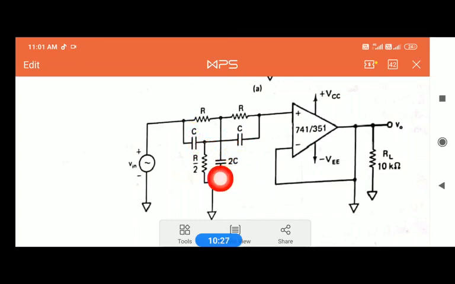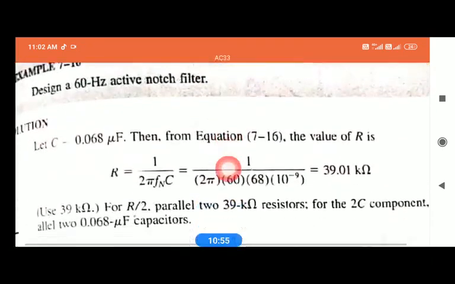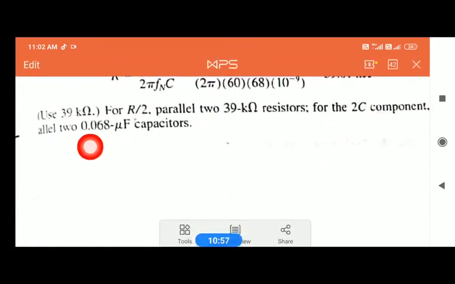So instead of that, to get R by 2 we are using R in parallel with R resistor here. If you use R in parallel with R, it will give you R into R divided by R plus R, that is equal to R by 2. To get 2C here we are using two capacitors C of value 0.068 microfarad in parallel.